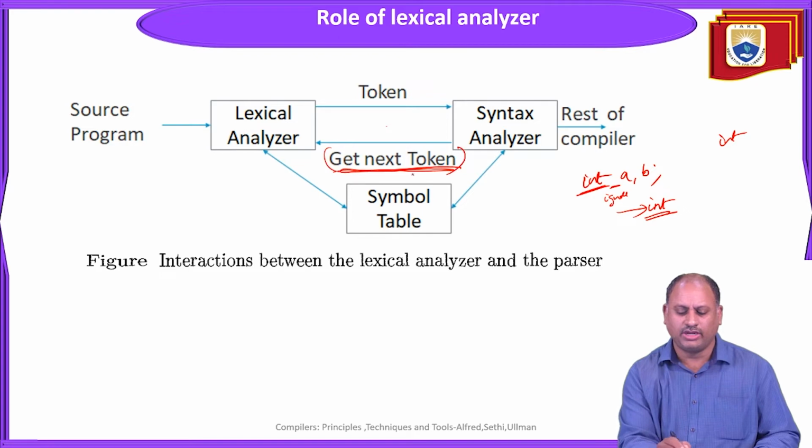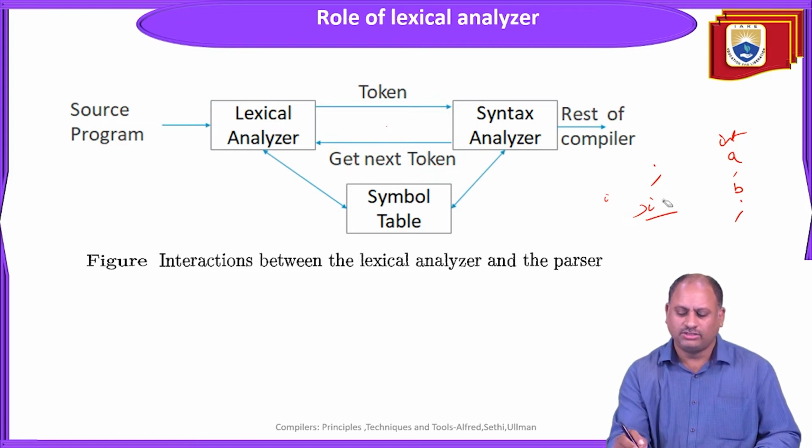What is the command name? Get next token. This is the method name. Once again it is sent, and it reads a. Then what is the next token? Comma and then b semicolon. Like this, it reads each of the statement instructions one by one.